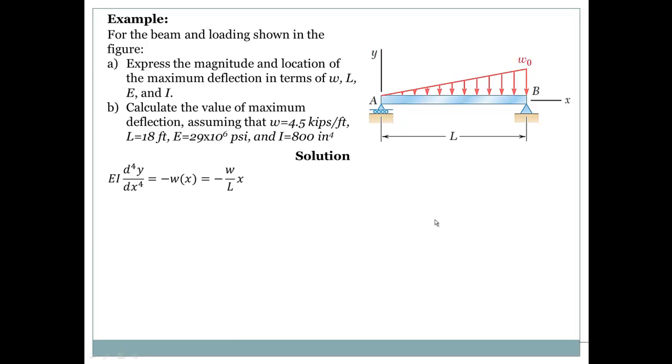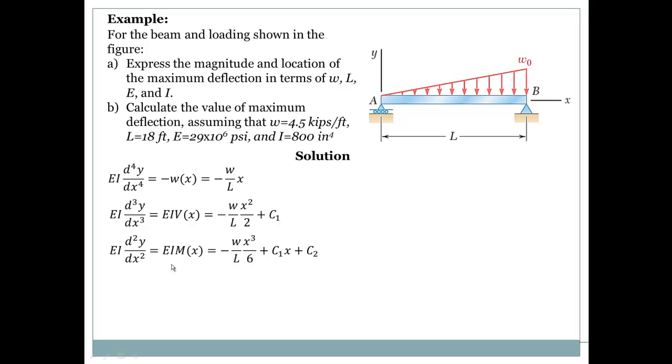Okay, so my first thing to do is integrate it once. What do I have? The third derivative is nothing but the shear equation, and if I integrate this, I will have this, and now I have a new constant C1. One more integration, I'm going to get the moment equation, and I will have a new constant.